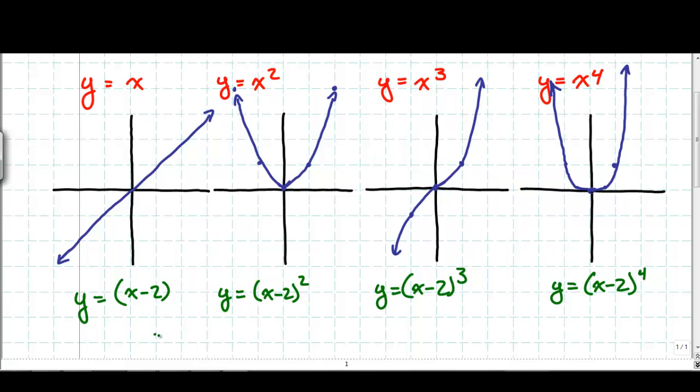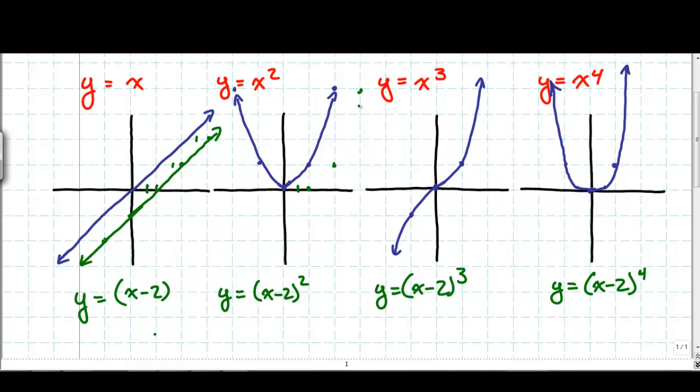So what happens then when, instead of y equals x, we take y equals x minus 2? Well, we saw that in chapter 1 when we looked at transformations of functions. If I've got an h value inside my function, that moves my graph to the right, like this. And we get a graph that's been moved to the right. If I've got a quadratic here, that's been moved to the right.